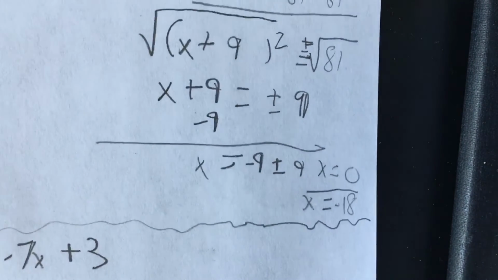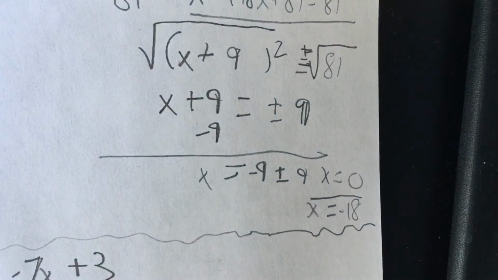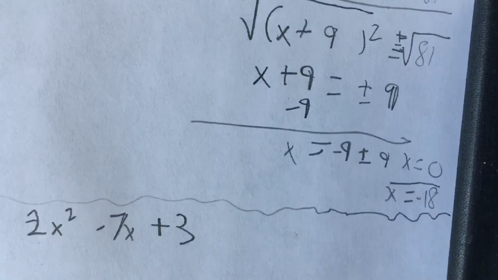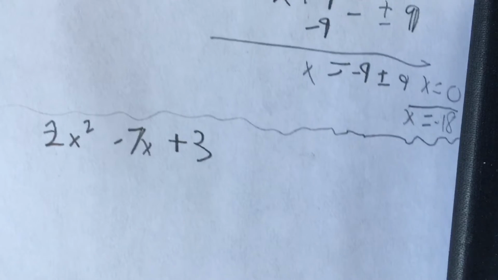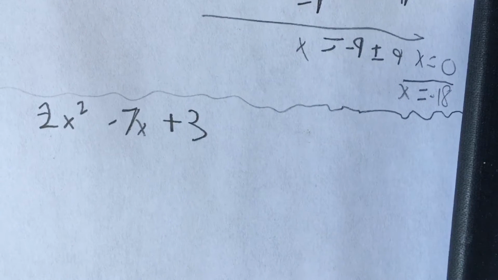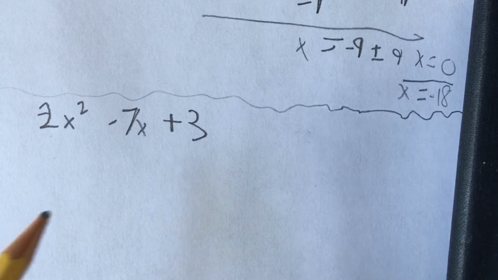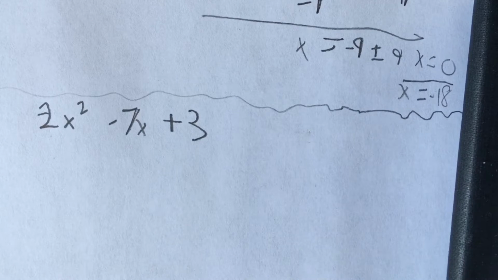There you go. So, our second method is going to be maybe a little bit trickier, but you'll get the hang of it. So, our next equation is going to be 2x squared minus 7x plus 3. So now we need to establish what is a, b, and c.